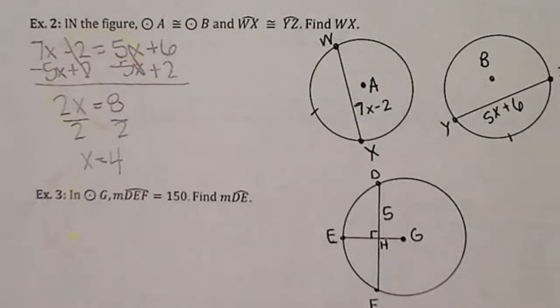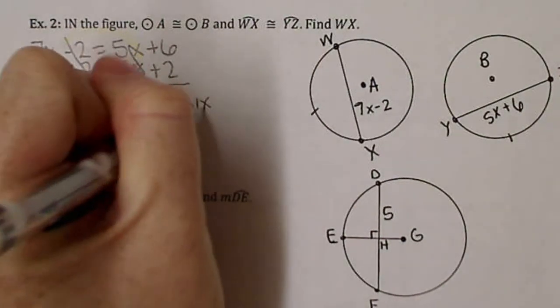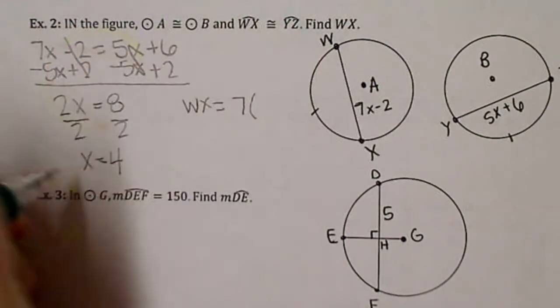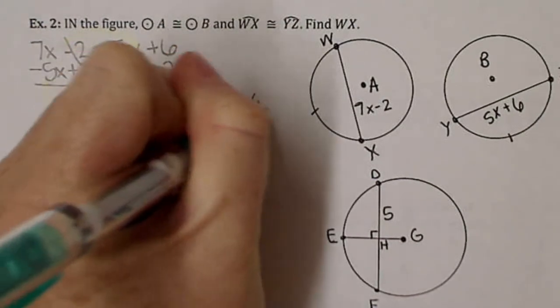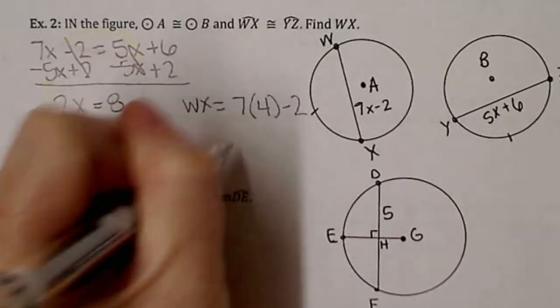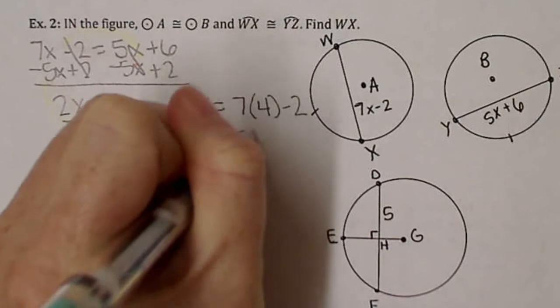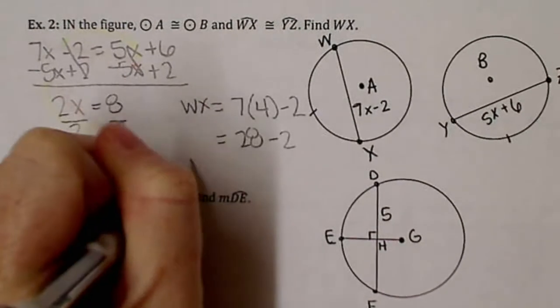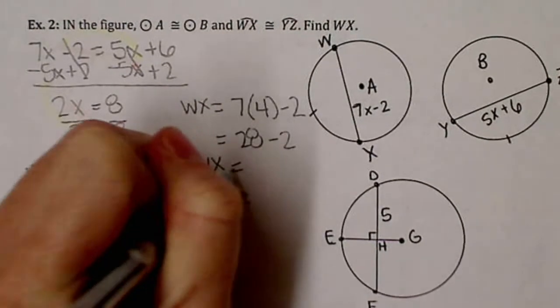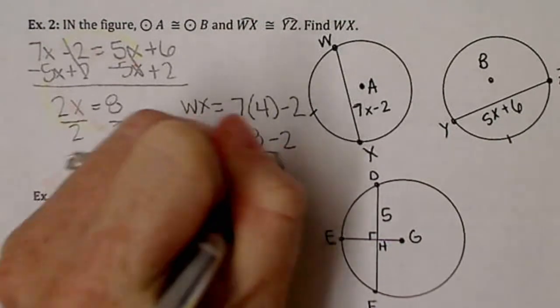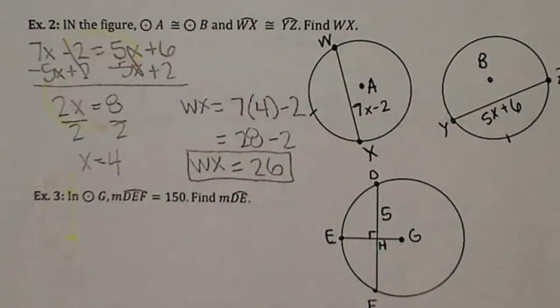X equals 4. Is that what we needed to know? No, we want to find the length of WX. So let's plug it in. 7 times 4 minus 2. So 28 minus 2. WX is 26. Very good.